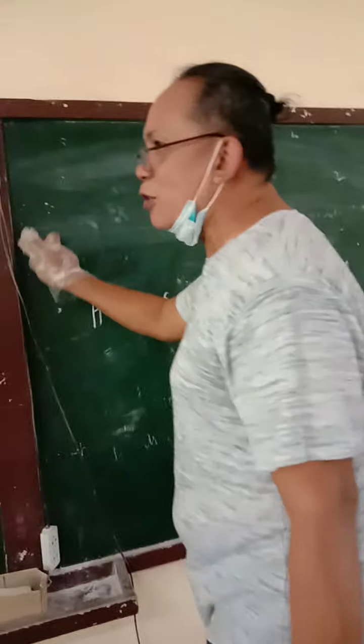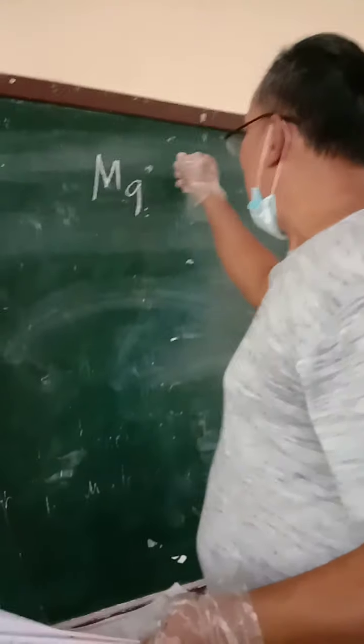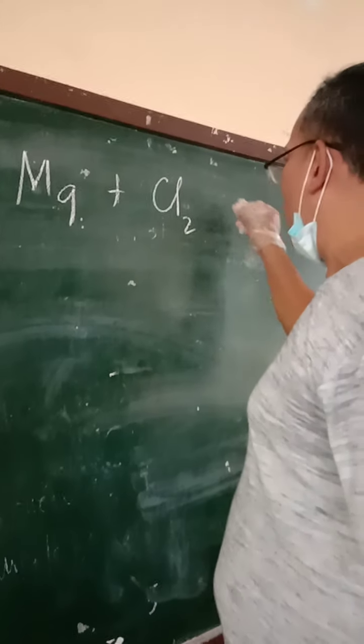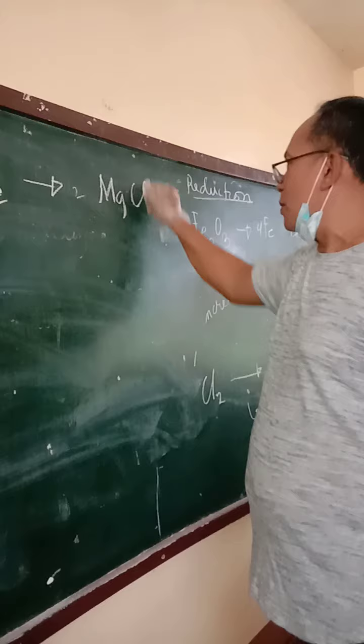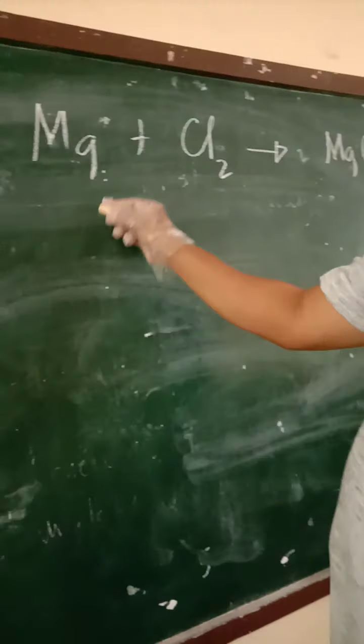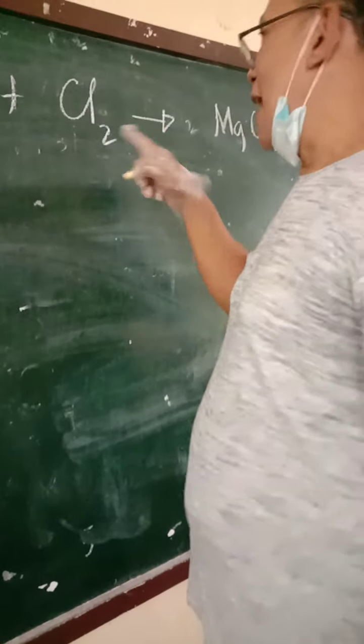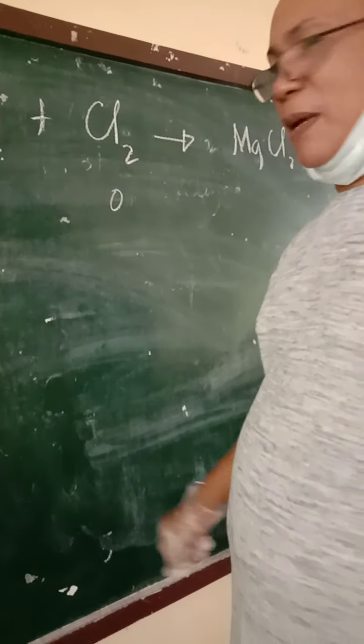If there is a change, for example in this particular example, magnesium reacted with chlorine gas. So it becomes magnesium chloride. Look at the oxidation number: magnesium is 0 because it is a single element. Chlorine is also a single element, 0.